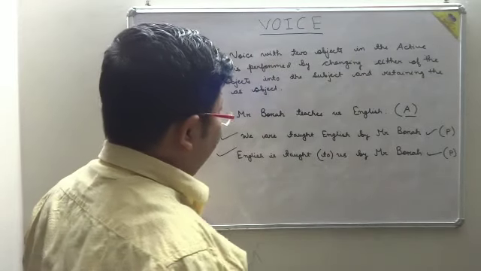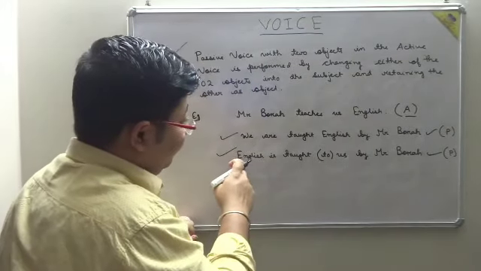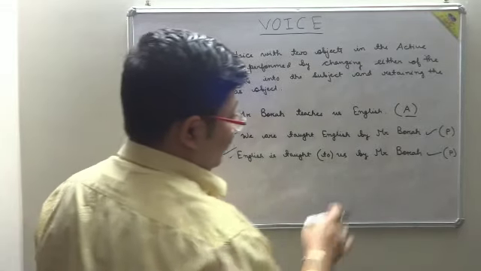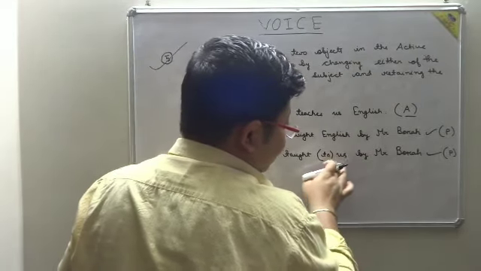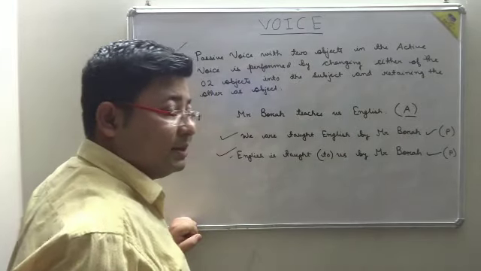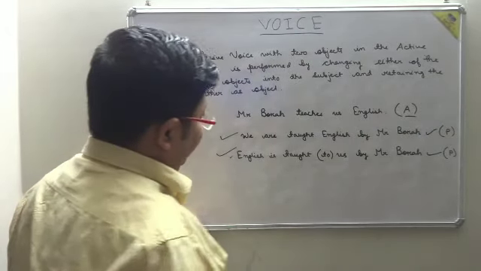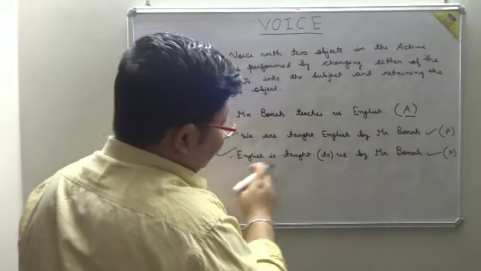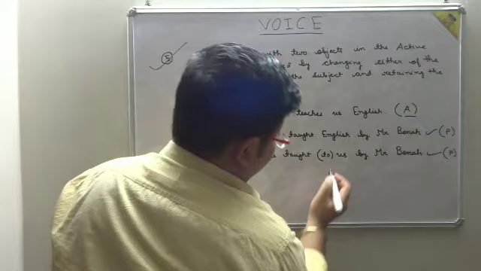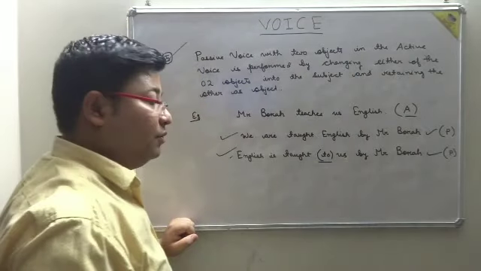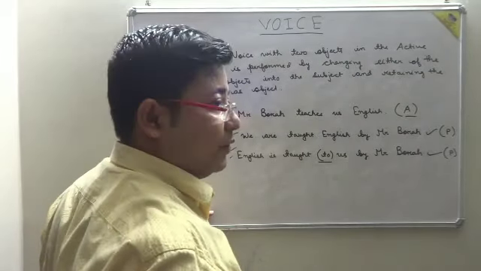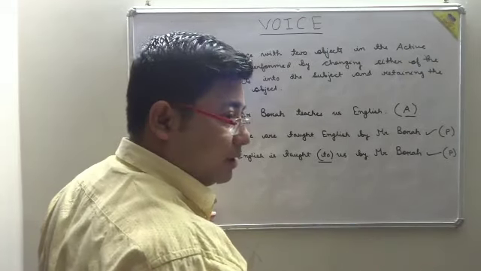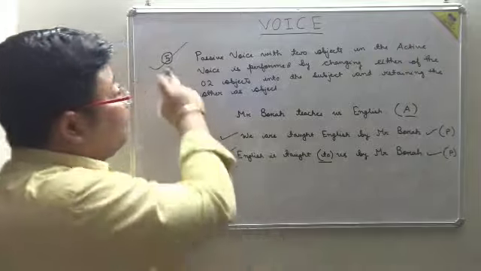And in the next sentence I have used English as subject, and us will remain as it is. We are taught English by Mr. Bora. English is taught to us by Mr. Bora. To is optional. If you don't write it, it will not be wrong. English is taught to us by Mr. Bora or English is taught us by Mr. Bora. This is the fifth rule.